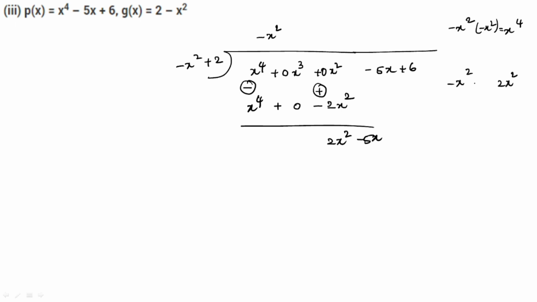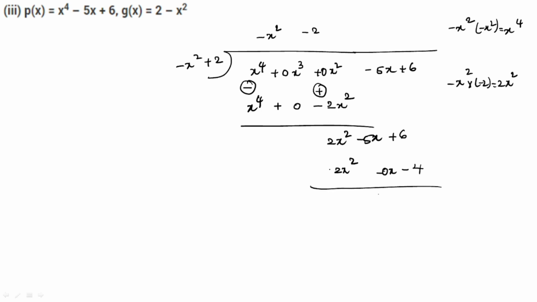The only thing missing is that you have to multiply it with minus 2. So x square multiplied by 2 is minus 2x square, and we'll bring down the 6 also. So it will become 2x square minus 0x minus 4, because we are multiplying it with minus 2, right?